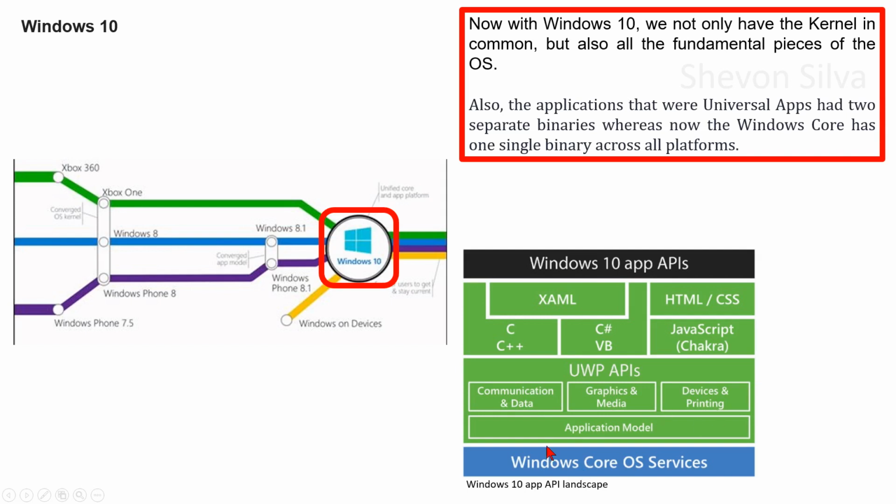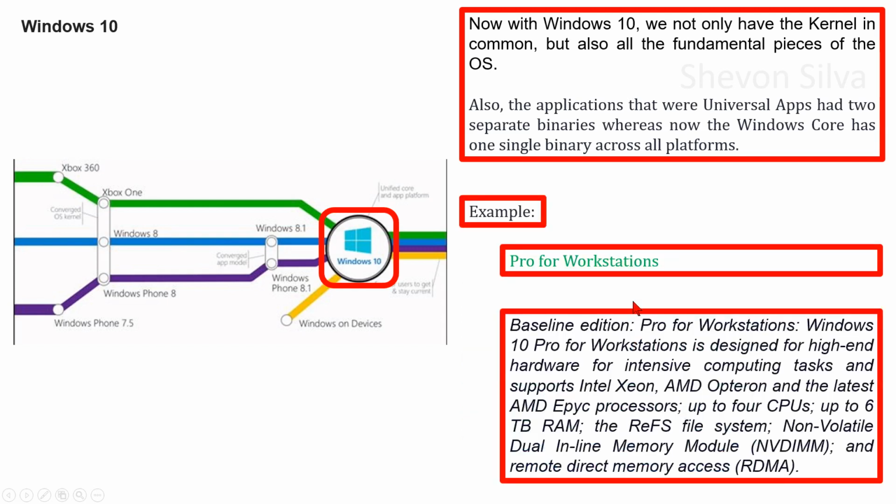And you can see the application model here also under UWP APIs, and below that you can see Windows Core OS services.